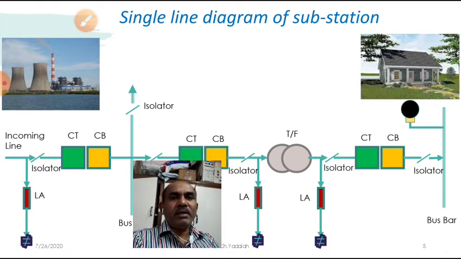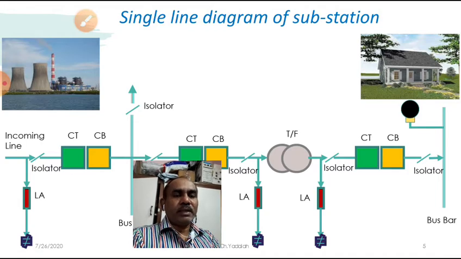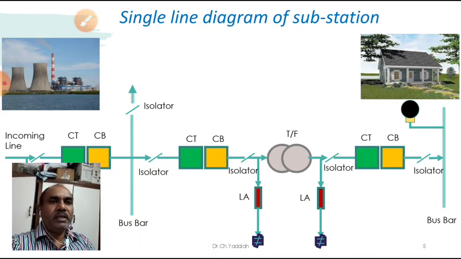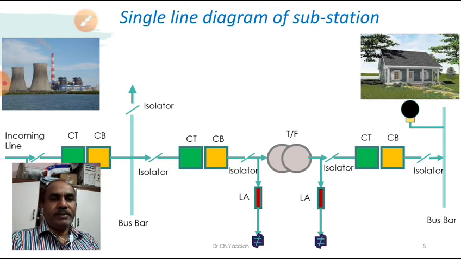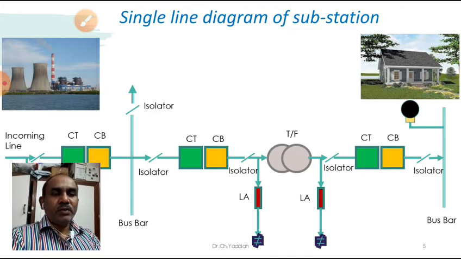After that, I used an isolator, which we are going to learn about, and after that there is a current transformer, CT, and circuit breaker. After that it is connected to the bus bar, and after that once again to the isolator, CT, CB and isolator.